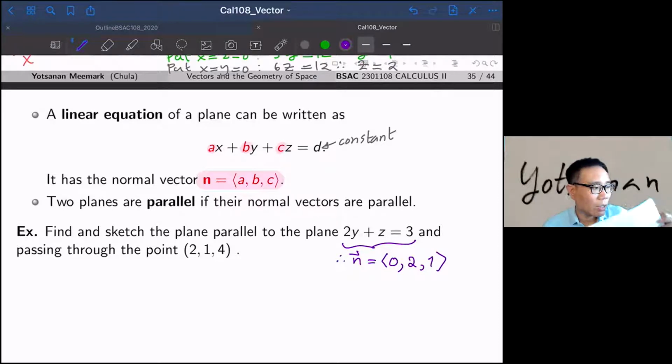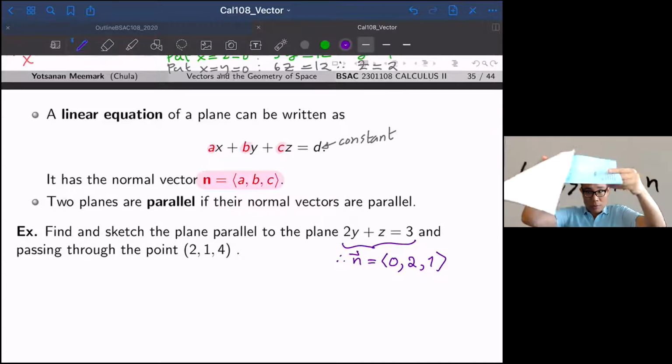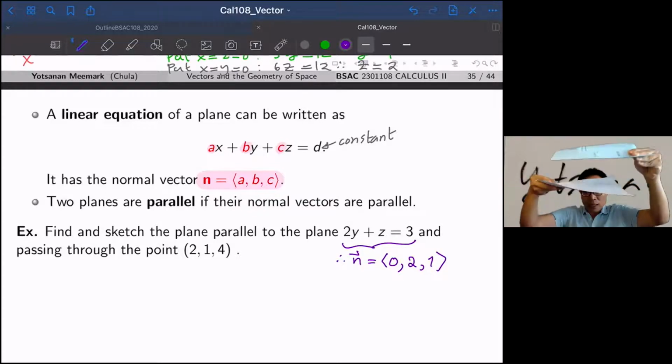So the thing that you will need in this case is, when you have two planes that are parallel to each other, what does it mean? It means that you have one plane, and you have another plane.